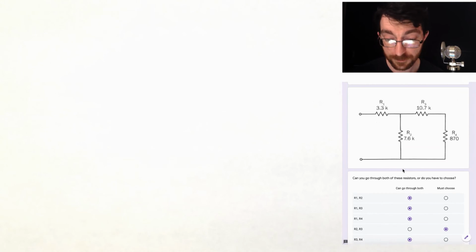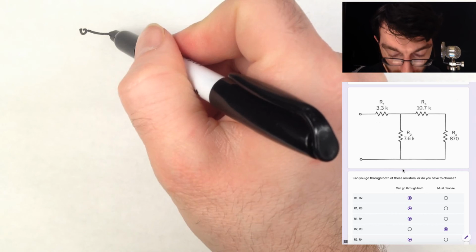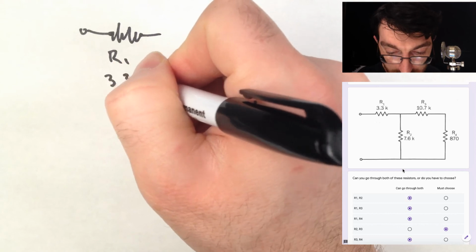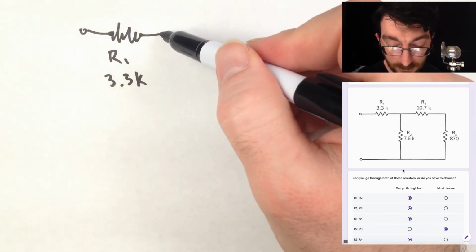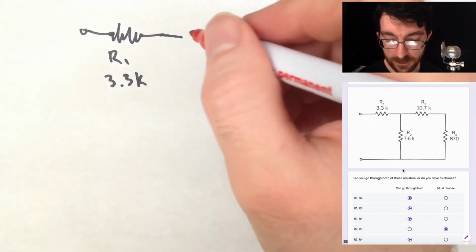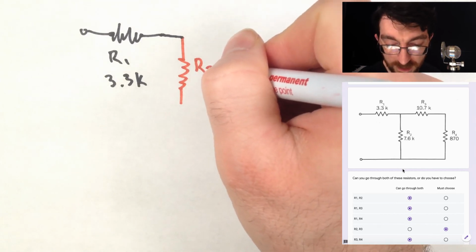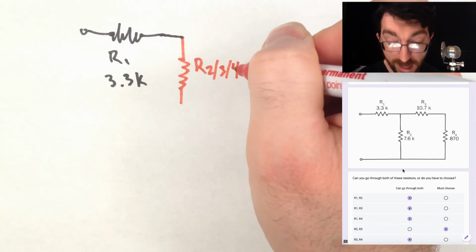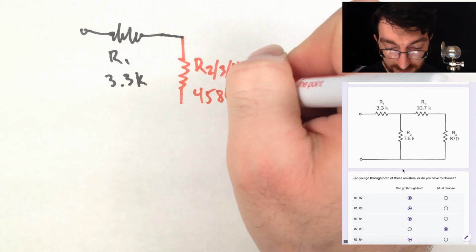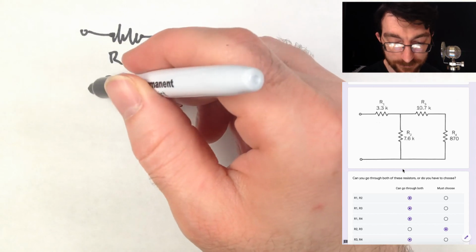Here we go. Here's resistor 1. Resistor 1 has a resistance of 3.3K. And everything after that can be replaced with this single one that is made of 2 and 3 and 4, and its resistance was 4,586. That's how the circuit breaks down.